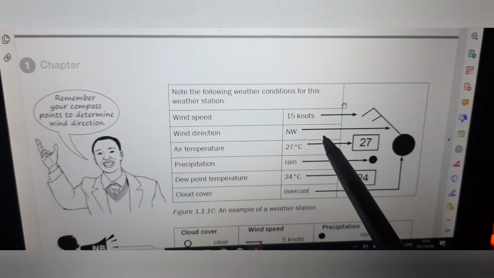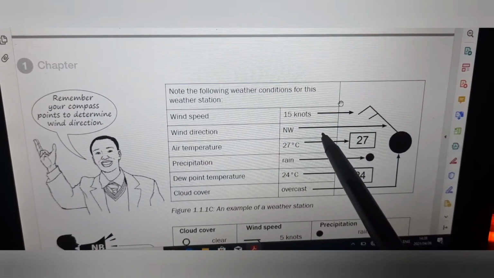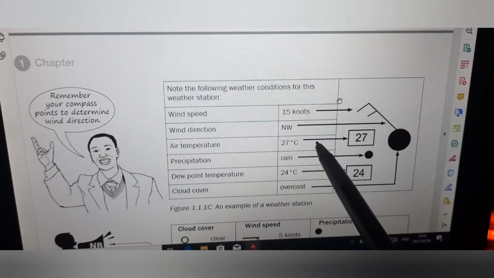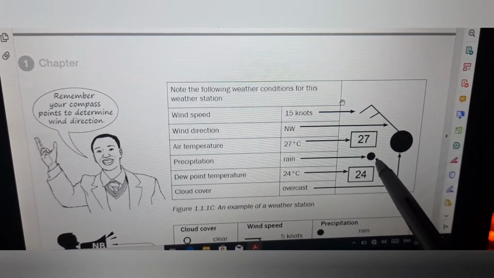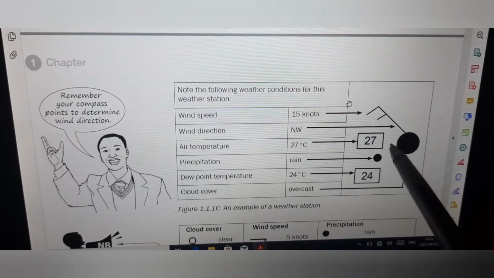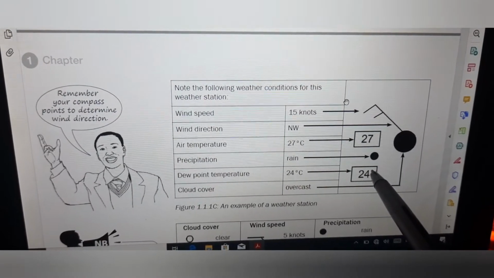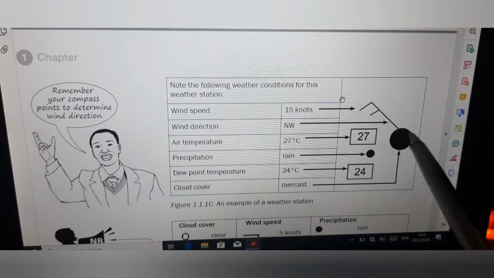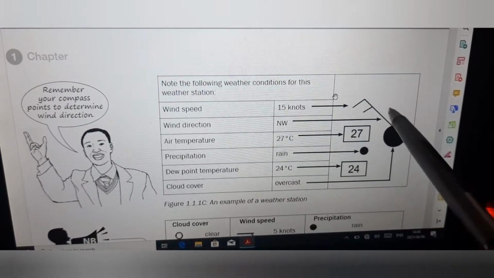Wind direction, it's northwest. Air temperature is 27 degrees. Precipitation, sorry, it's rain. And then dew point temperature is 24. Cloud coverage is overcast.